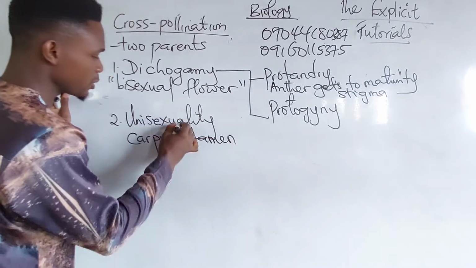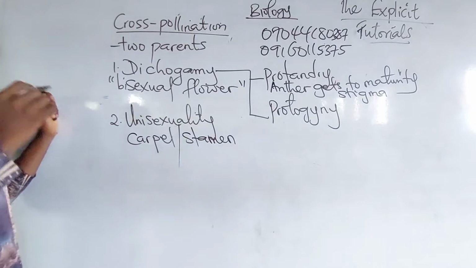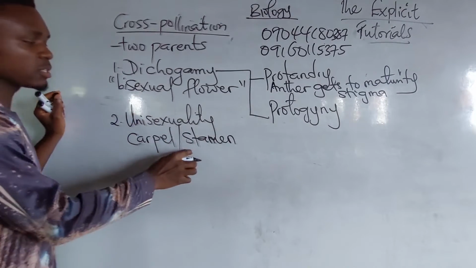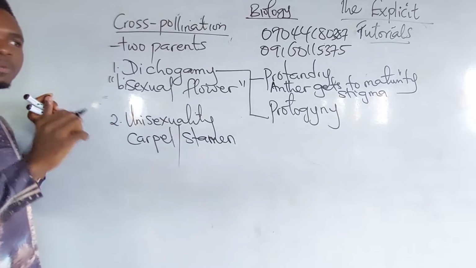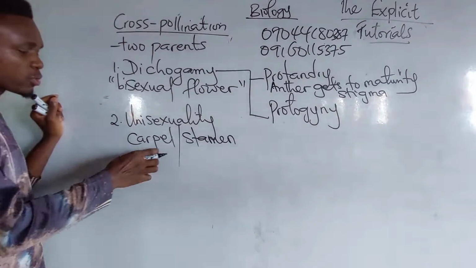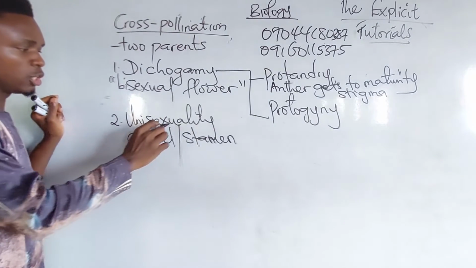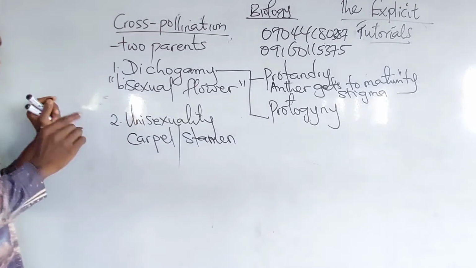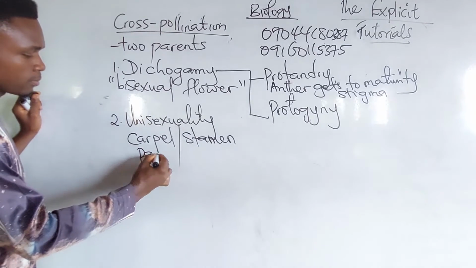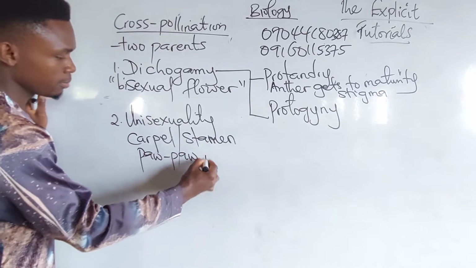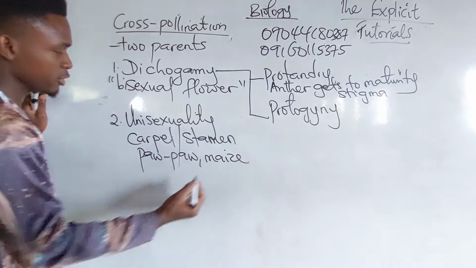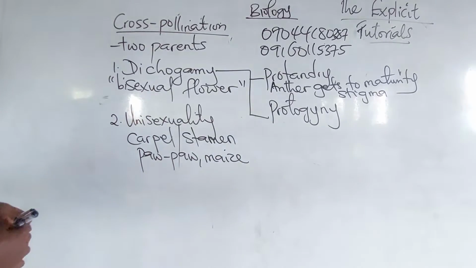The male reproductive organ in a flower is called the stamen, while the female reproductive organ of a flower is called the carpel. That is unisexuality. An example of such a flower is purple maize.